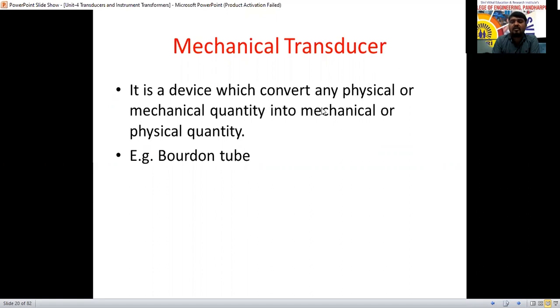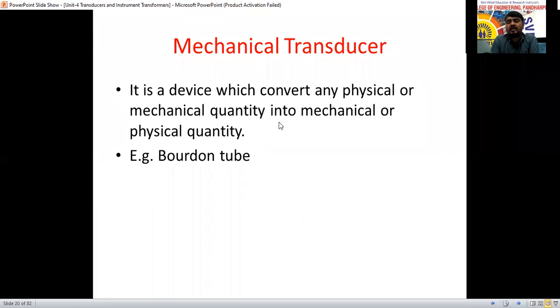Especially, physical quantity to mechanical quantity is the correct answer. But in the definition they have mentioned physical or mechanical quantity into mechanical or physical quantity. But I will tell you, don't get confused here. The mechanical transducer is also called a primary transducer. It is a device which converts physical quantity into mechanical quantity.